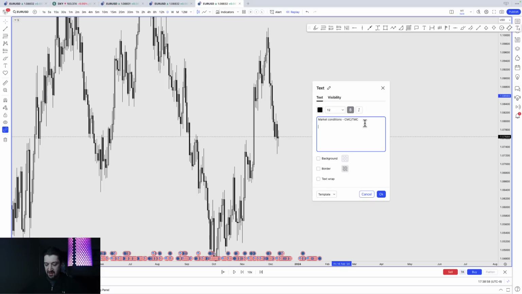The next thing I have is higher time frame direction. When the market's trending, higher time frame to me is daily, and then I have mid time frame direction, and this for me is 1 hour.